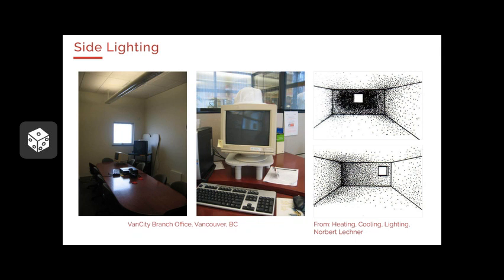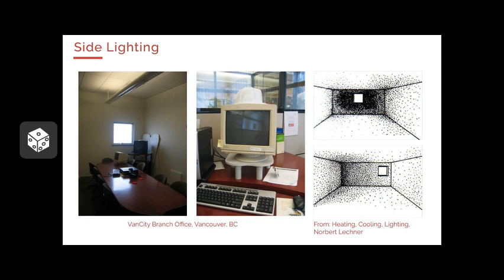When you're looking at side lighting, the size of the window is incredibly important. There is nothing worse than having small apertures in a wall versus something a little bit larger. The smaller the aperture, the contrast between that brightness and the wall goes into visual overload.